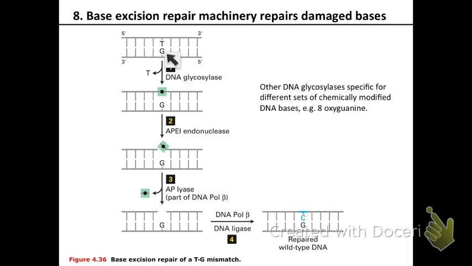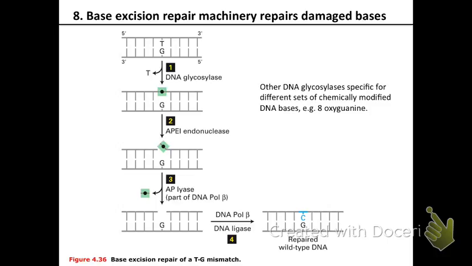A DNA glycosylase is evolved to recognize this problem, where it sees a thymine against a guanine. Because this is such a common change, the DNA glycosylase machinery has evolved to assume, though it doesn't know for sure, that the T is the wrong base.